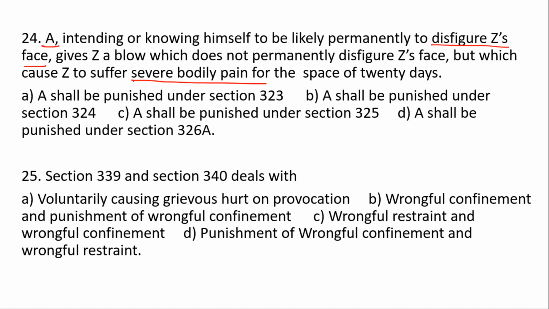Under which section is A punishable? Here A intended disfiguration of face, which is one of the 8 kinds of hurt in section 320. Although the face was not disfigured, the blow caused severe bodily pain, which is also a kind mentioned under section 320.